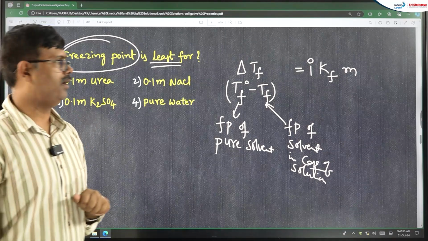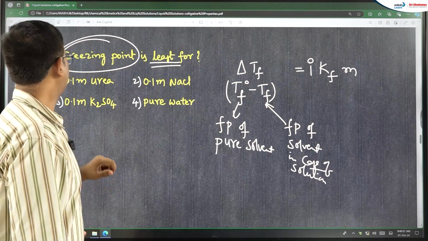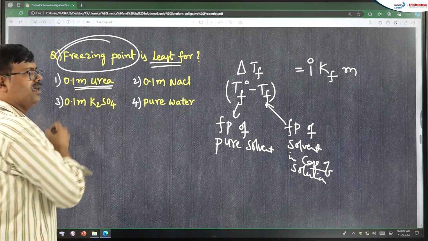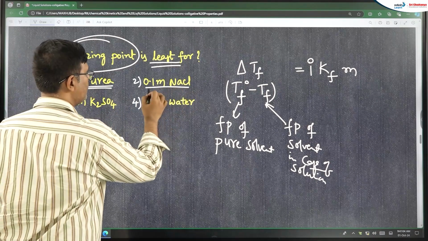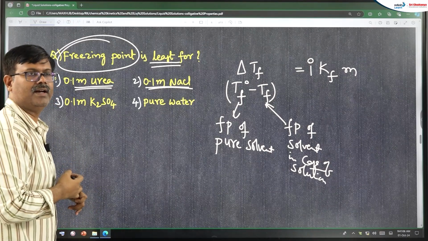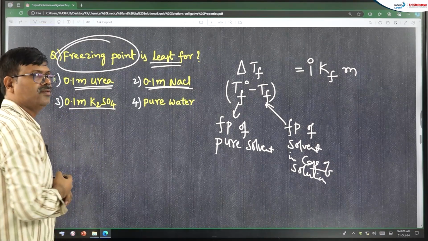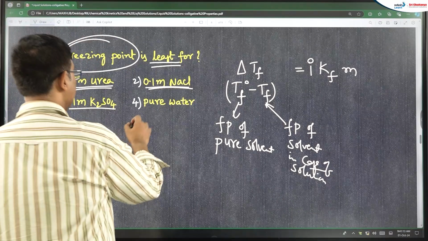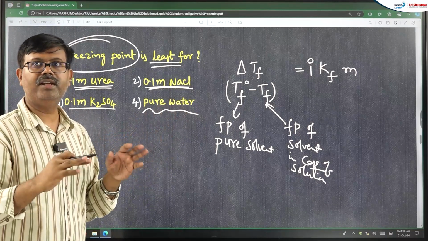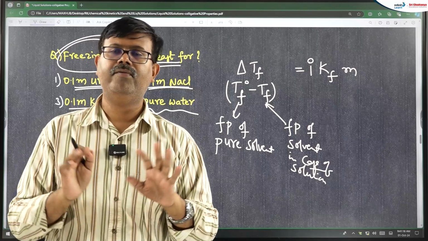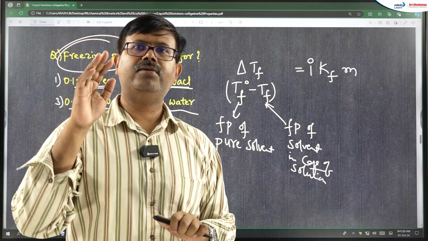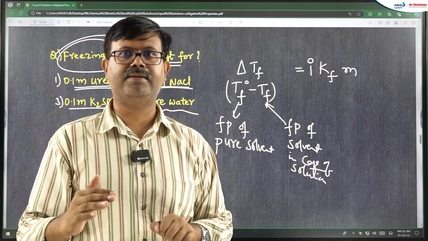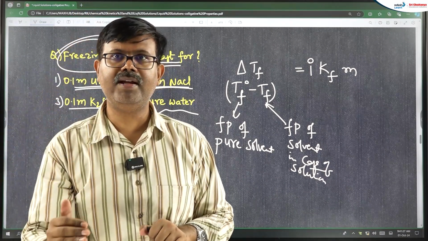So freezing point value. Now see, first, this is a solution containing solute. This is also a solute, NaCl containing solution, K2SO4 containing solution. These are the three solutions here. This is pure water. There is no solute here. It is pure solvent here. Now we know that compared to pure solvent, solution has freezing point less because depression of freezing point happens.